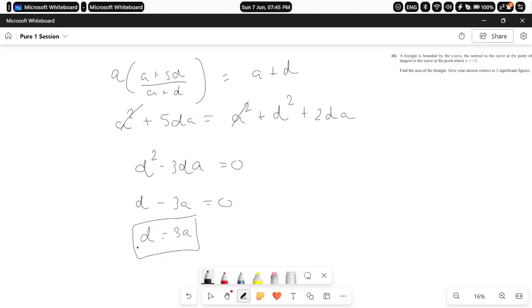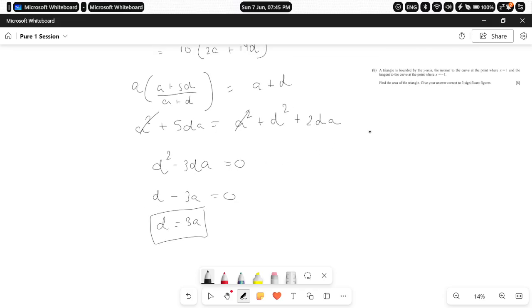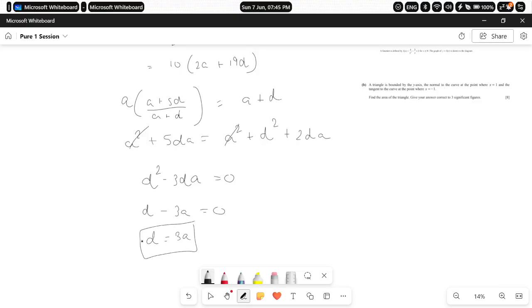Let me know if I did it correctly so far. Anyway, after you get d as 3a, you just take this value and substitute it over here.